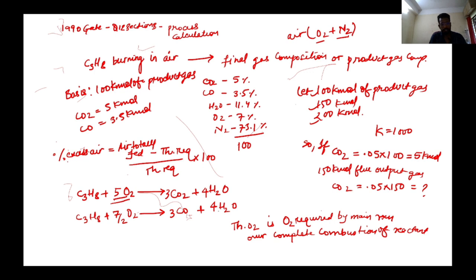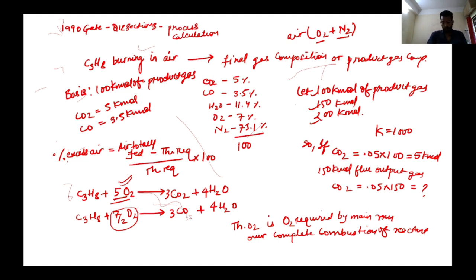Here the reactant is C3H8, which contributes to both equations. So we will calculate how much quantity of C3H8 reacted totally. Then corresponding to this value, how many moles of O2 are required. We will not consider this one, as it is an undesired reaction or side reaction.